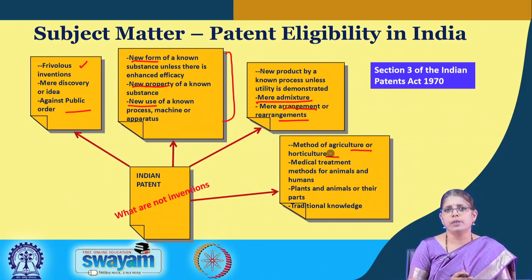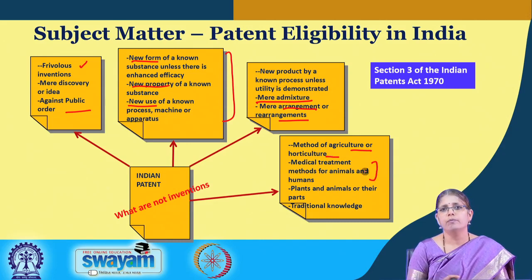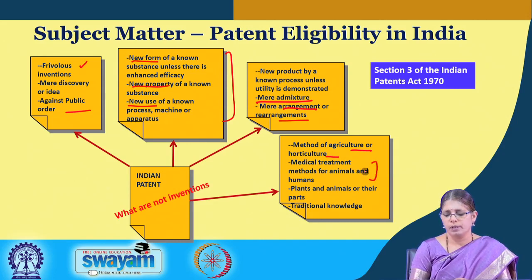The other subject matter which cannot be patented in India is the medical treatment methods for humans and animals, which means surgical methods, cosmetic methods, curative, all of this and diagnostic methods cannot be allowed as patents in India, but a diagnostic tool can be patented. So, therefore, there are restrictions which are provided under the Patent Act.